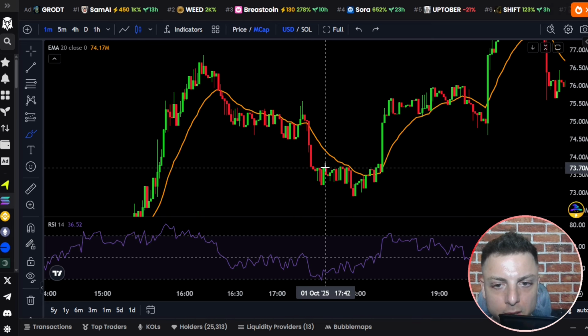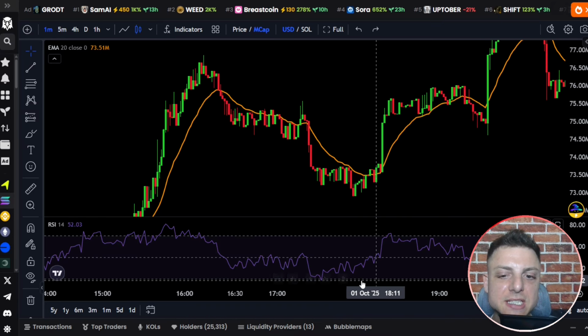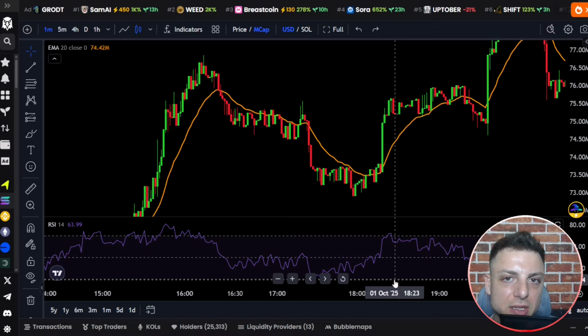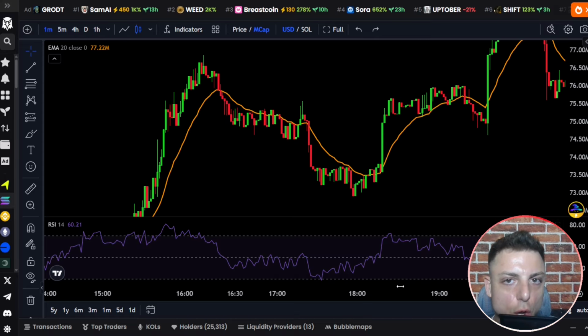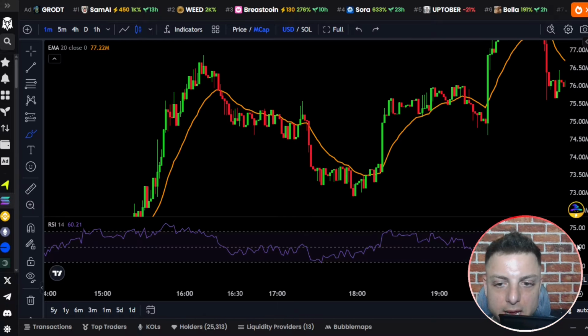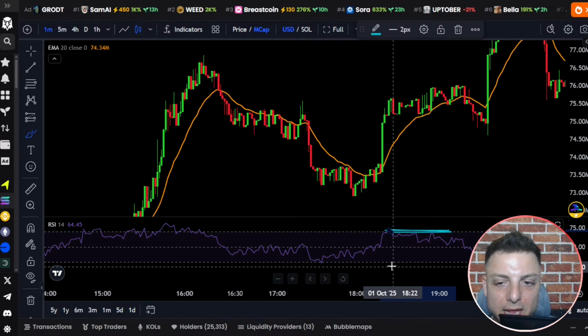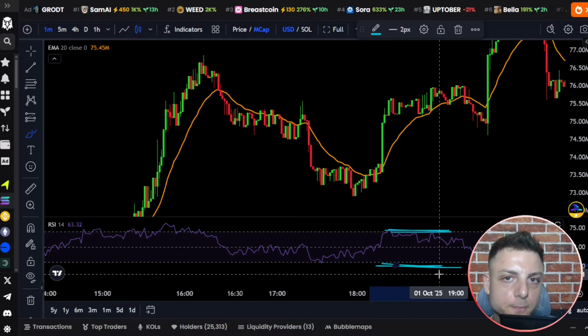What I'm looking for is a first initial push where price goes below into the oversold region of the RSI. Now we have two regions on the RSI. We have the overbought region and the oversold region.